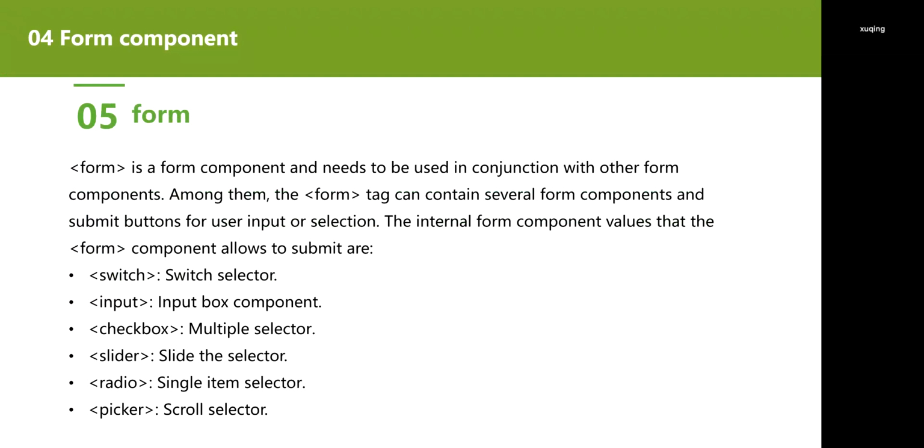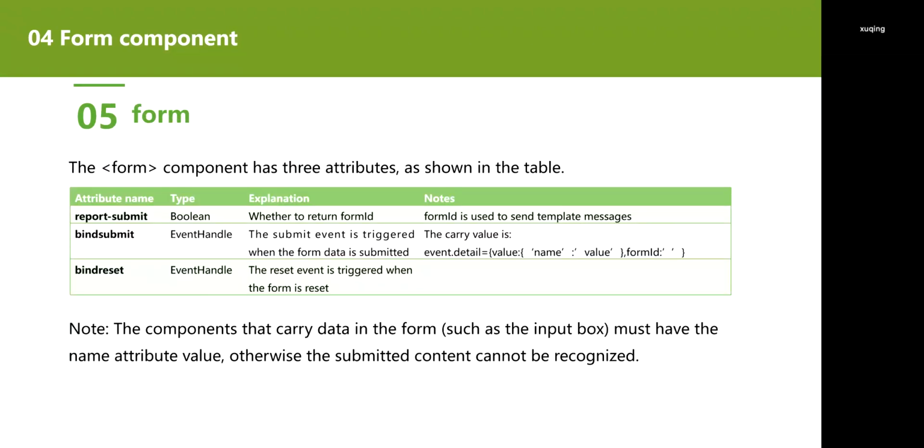And for this component form, we have three attributes: report submit, bind submit, and bind reset. Report submit is a Boolean attribute to decide whether to return form ID or not. Form ID is used to send template messages.